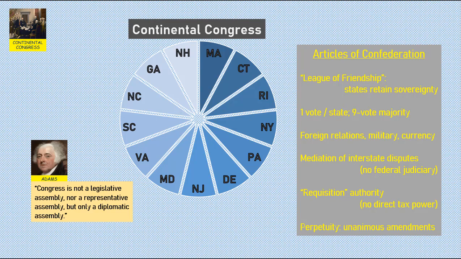And that is the fulfillment of the revolution against a powerful central government, i.e. Parliament and the king. The Americans are not going to, immediately after fighting a war against a powerful central government, turn right around and create another powerful central government.